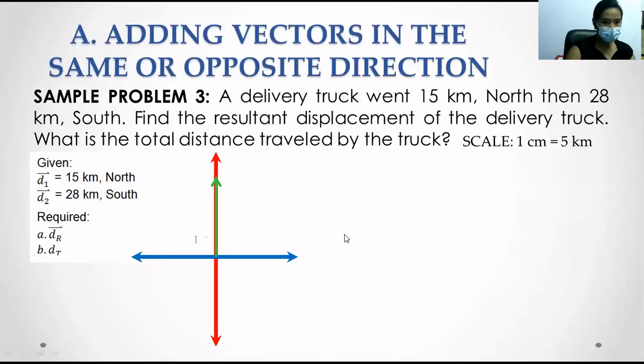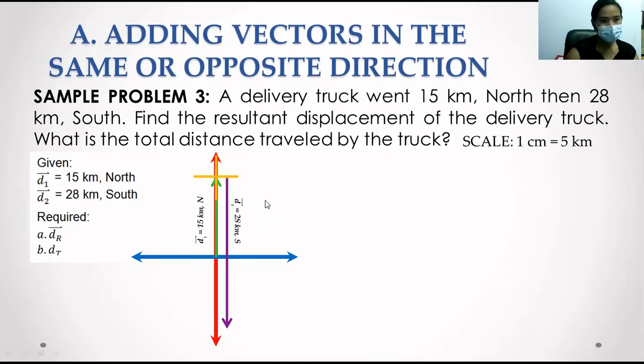Okay, so again, we have our first arrow, 3 centimeters north, and then our second arrow would be 5.6 centimeters going downwards, considering 28 kilometers divided by 5 is 5.6 centimeters using your ruler.